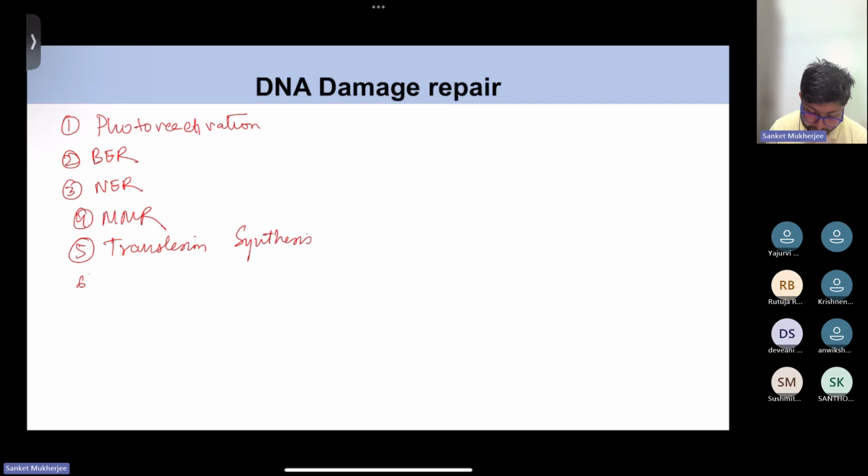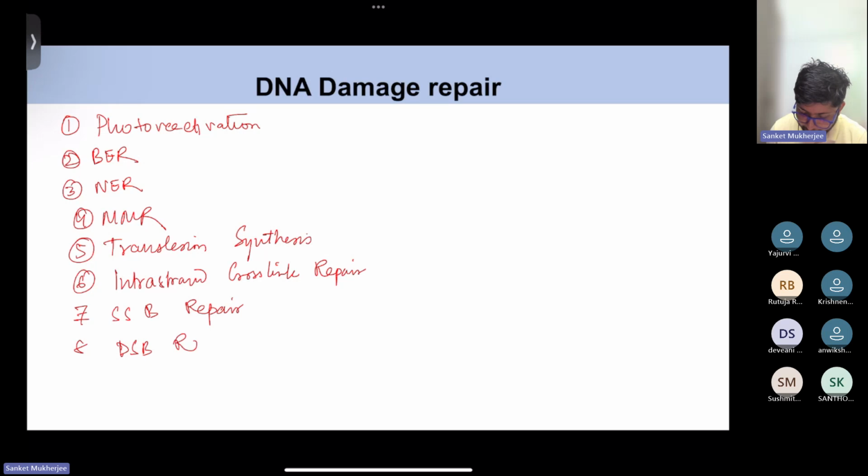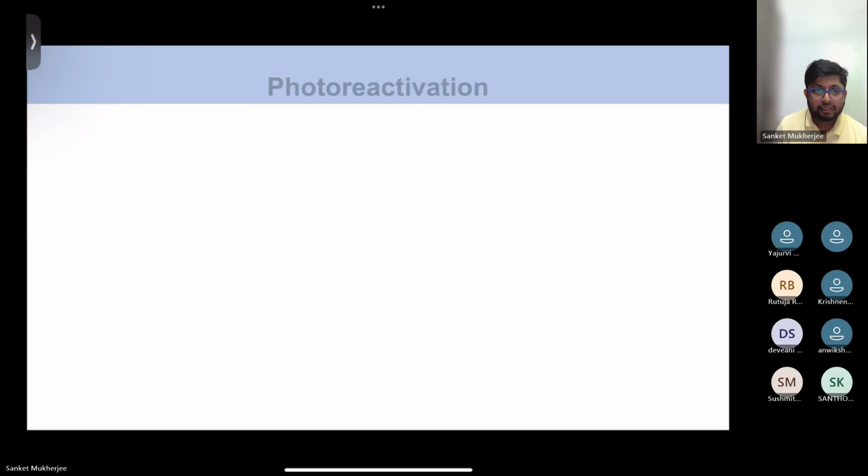Then intrastrand cross-link repair. There could be single strand break repair or double strand break repair pathways, right? Let's talk about each of them very quickly.